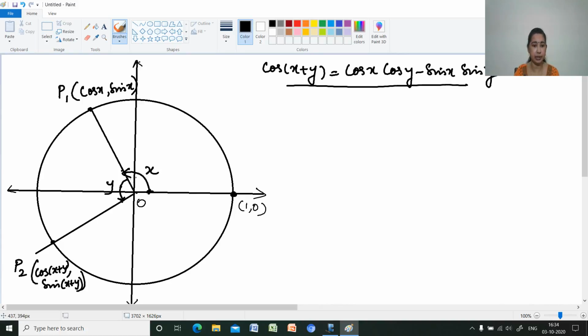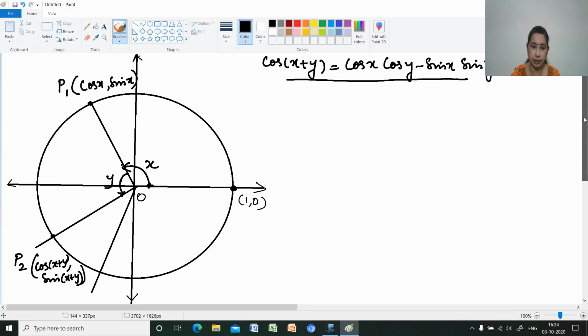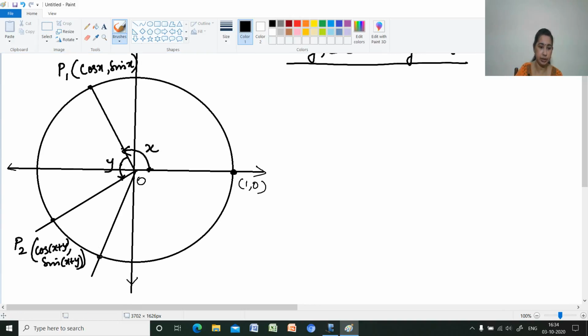At the same time, in the clockwise direction, the same angle y is being moved this side. That is the same angle, it has moved this side and it has reached over here. So this point, let it be P3. We will take it as P3, and we know that it is a negative angle because it is in the clockwise direction.